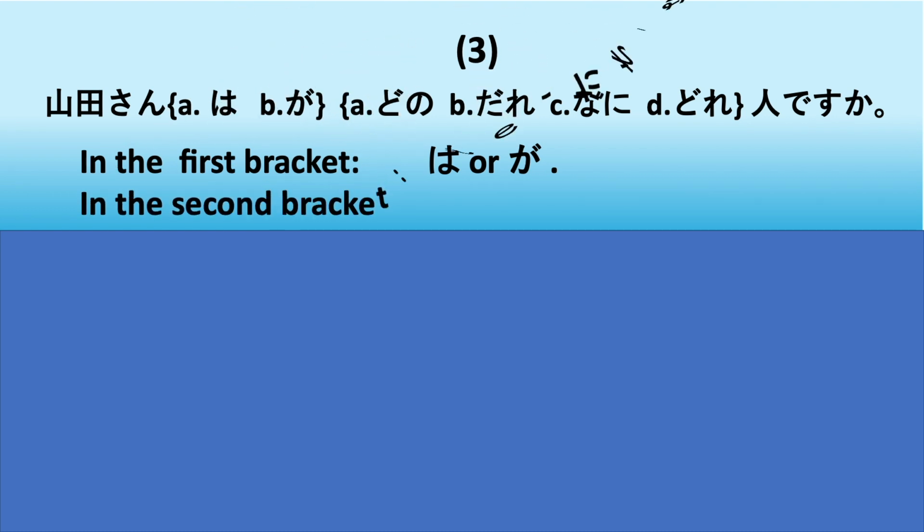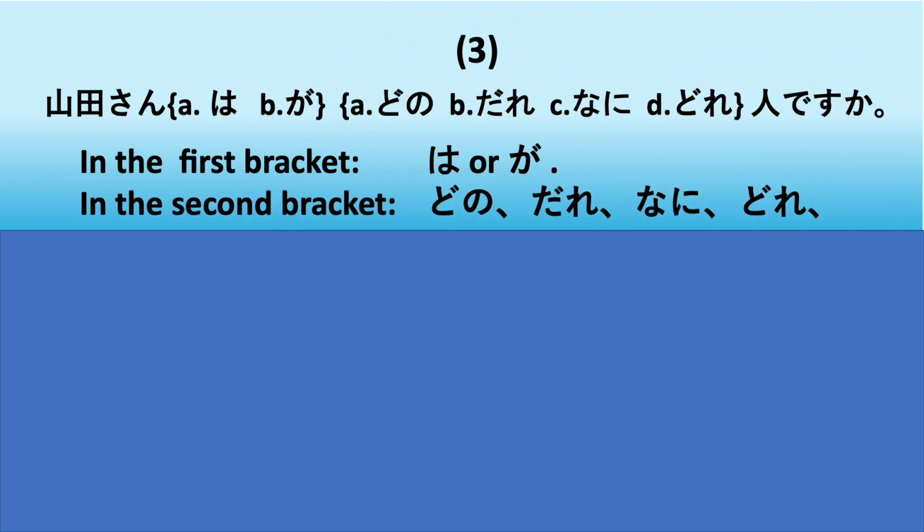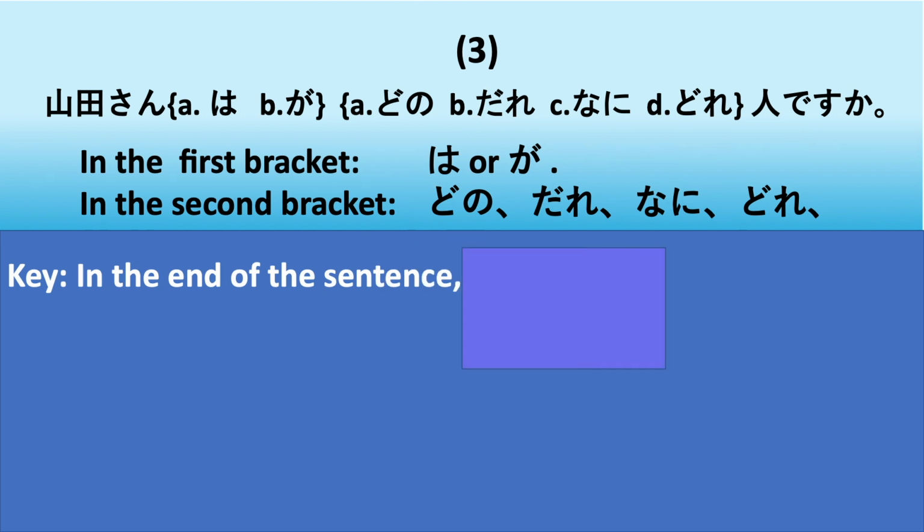Then in the second bracket, you can see どの、誰、何、どれ. And then in the sentence, 人ですか, right? 誰、何、どれ do not take a noun. Please look at the structure.